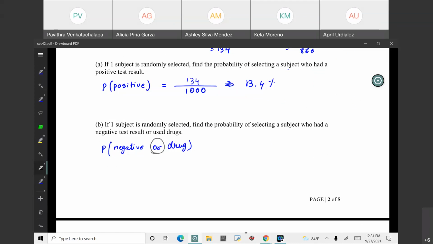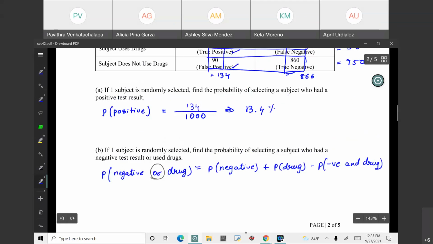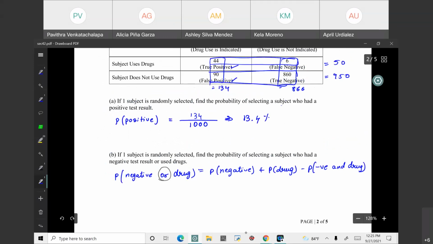So or means addition rule. The formula is probability of negative plus probability of drug minus probability of negative and drug. Okay, I want you to answer this question.